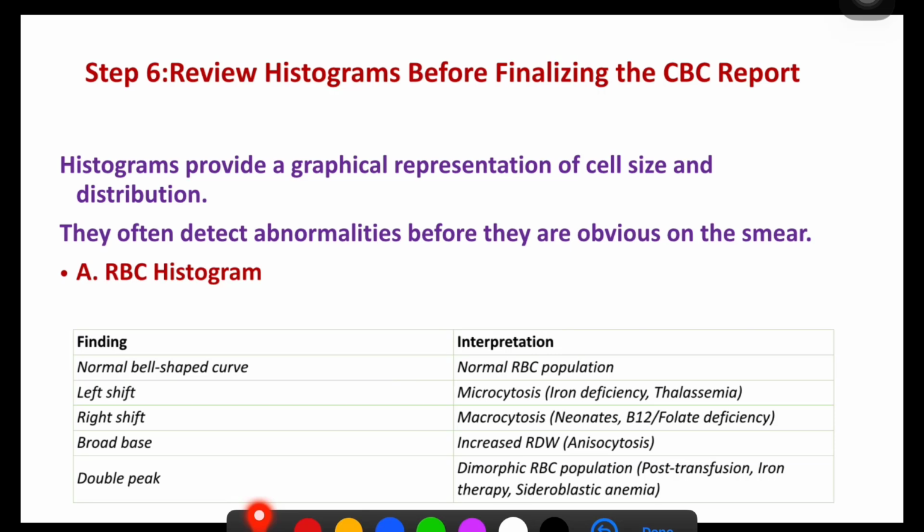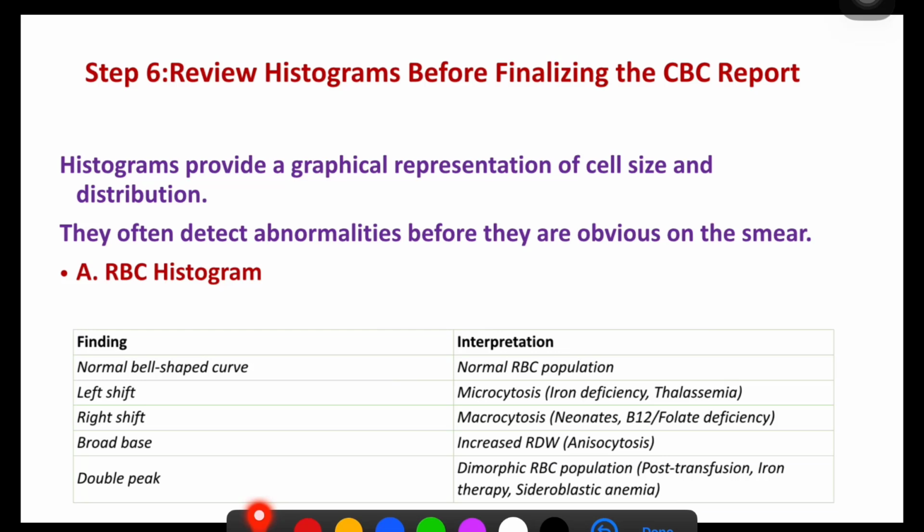Another step is review histogram before finalizing the CBC report, because histogram provides graphical representation of cell size and distribution, and they often detect abnormalities before they are obvious on the smear.